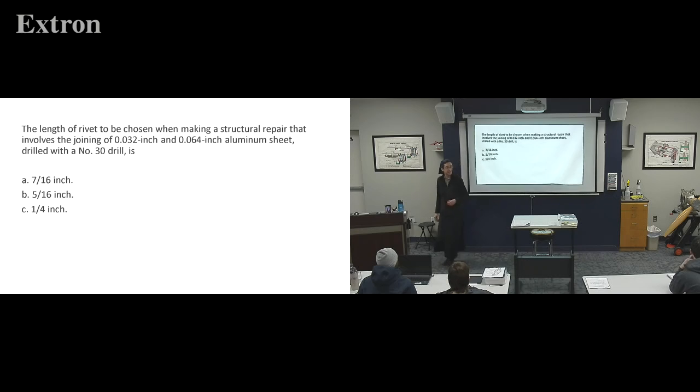So when you get your quizzes back, you'll see more of my train of thought. If you were to do it the way where you're using the thickest sheet to find your diameter, I know they're telling you you're using a number 30 drill, but you're still using a 30 drill, so you have to use a 1/8 rivet.